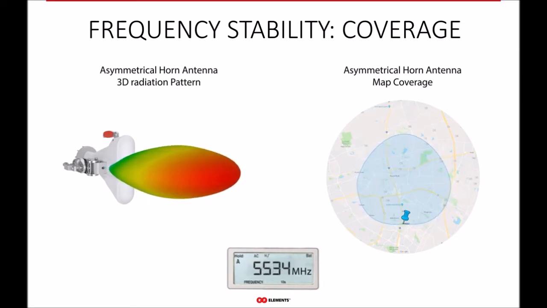This is another important piece of the puzzle when it comes to frequency stability of the coverage and the service you're providing. Of course, you can see that the radiation pattern is breathing a little bit, but looking on the right side, how that translates to the change of the coverage, it's negligible.